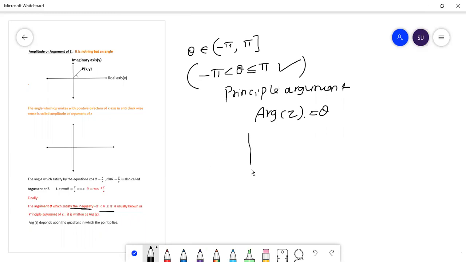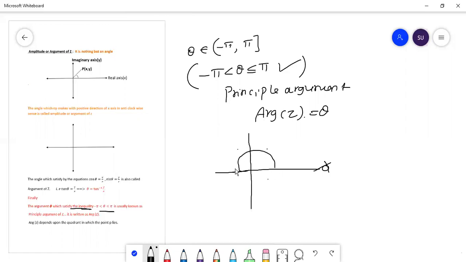See, positive angle and negative angle. In general, we start with 0, right? This is the x-axis, and P is here somewhere. Depending upon the quadrants, this value will vary.